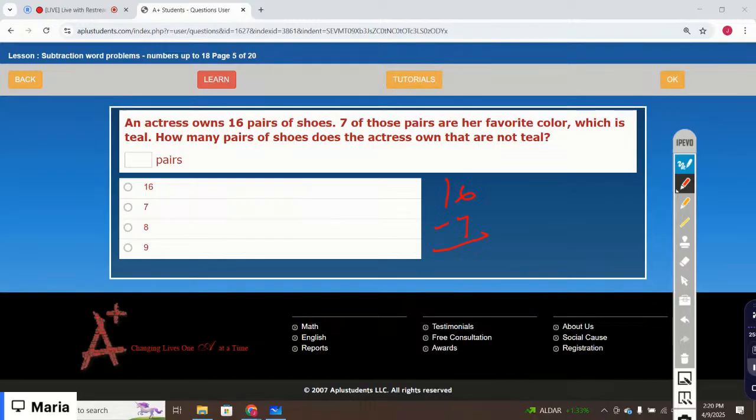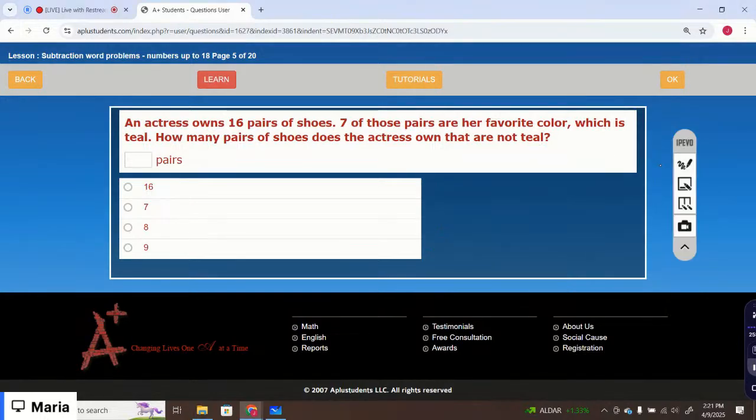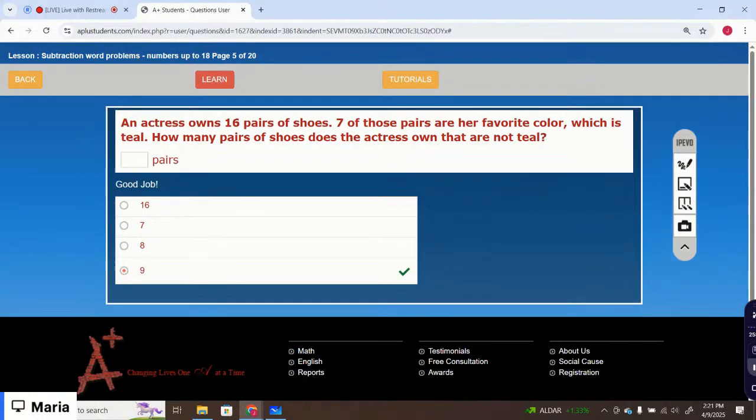So the ones that are not teal are 16 take away 7, which is 9. The last option is the correct option.